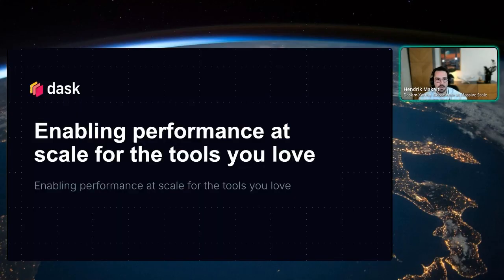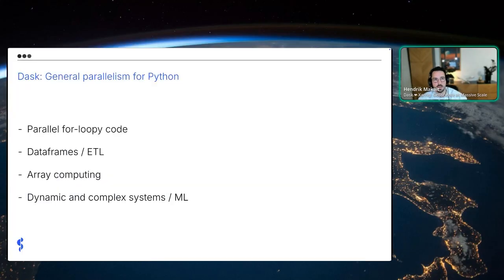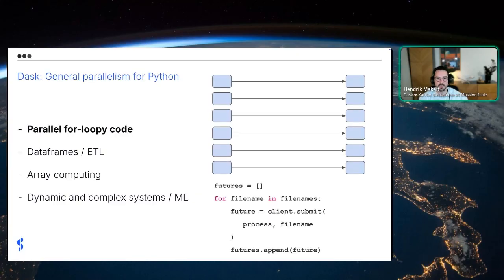So let's talk a bit about the tools that we have available and that we've used to run this geospatial workload at massive scale. First tool I want to talk about is Dask. Dask is fundamentally a library for general purpose parallelism in Python. What that means is that whether you have some for loopy code like this, where you have a bunch of files that you just want to process in parallel, you can totally use Dask to parallelize that or just scale that out to a fleet of machines.